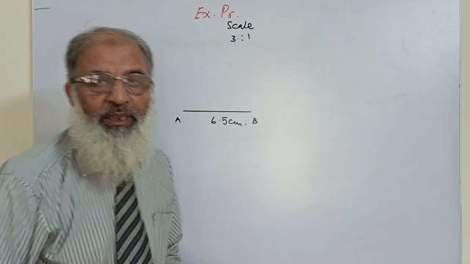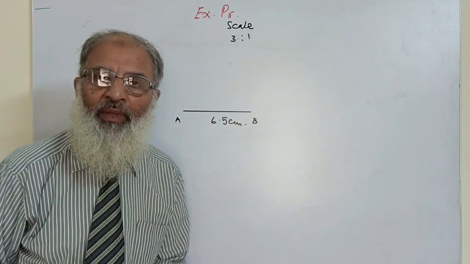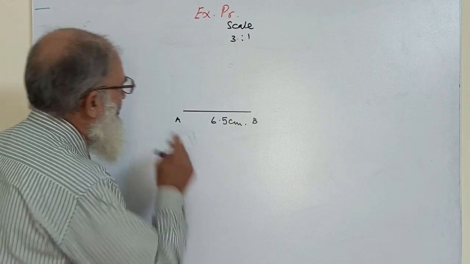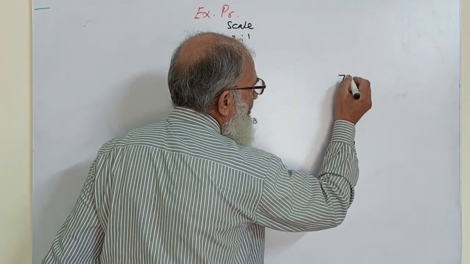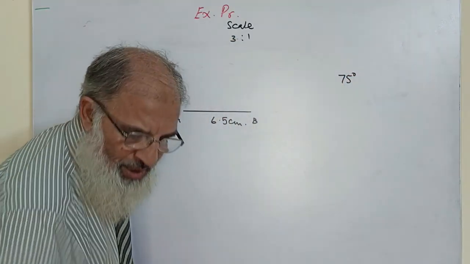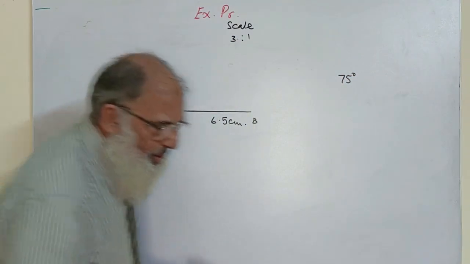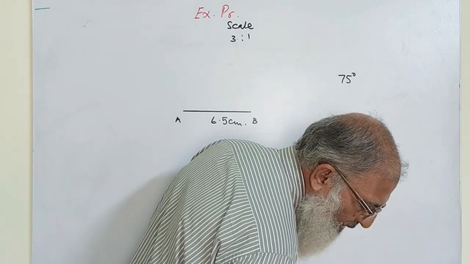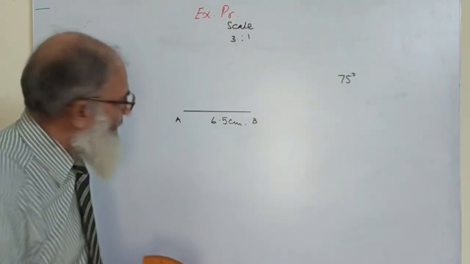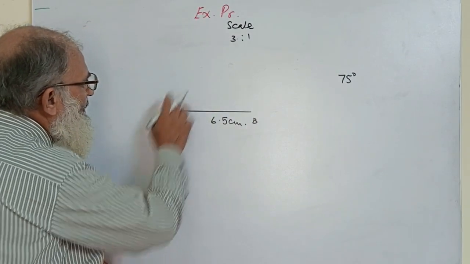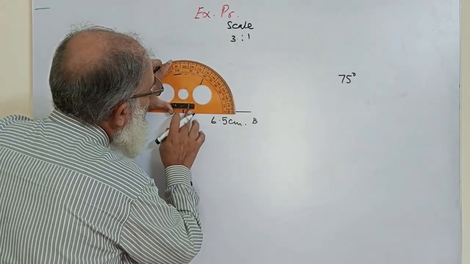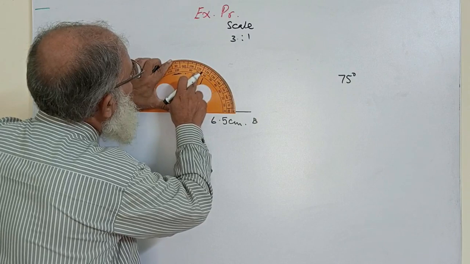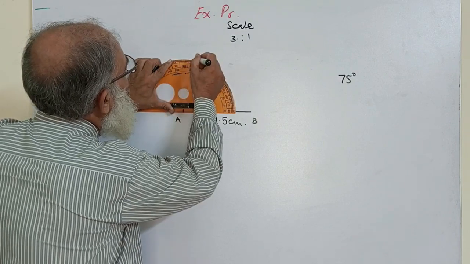Now my dear students, there are two ways to draw angle 75 degree at point A. Since they have asked us to measure and draw BAC, we have to draw it like this. 70 is over here and 75 is this.